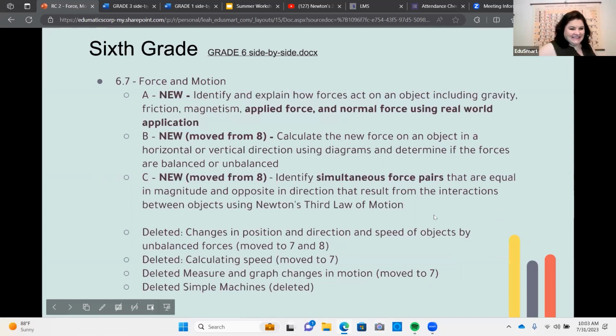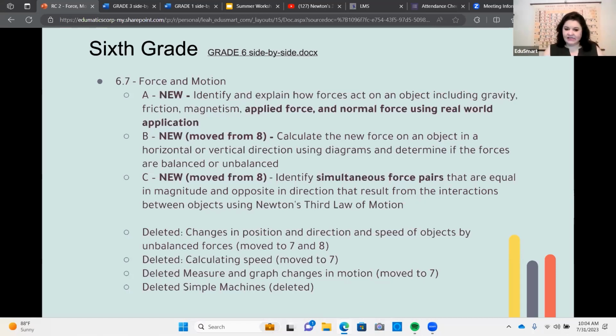6th grade, all new energy, all new forces and motion. So good news, we'll start with what we deleted: the relative position and the direction and speed of objects by unbalanced forces. They've started to learn about balanced and unbalanced forces in 5th grade, and the rest of that's been moved to 7th and 8th.